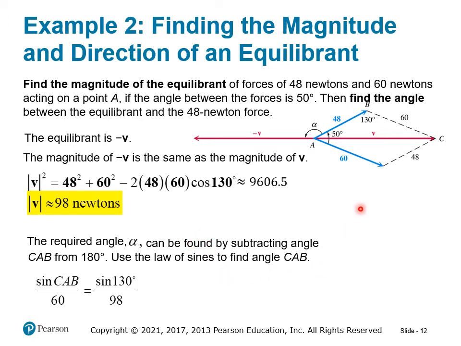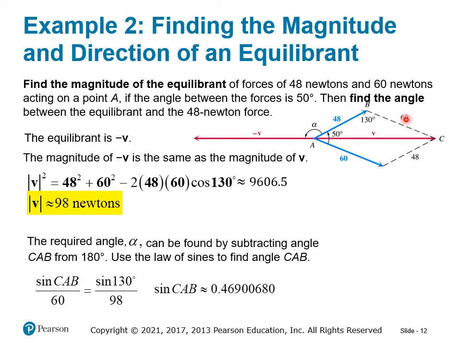The sine of CAB over its opposite, 60, is equal to the sine of 130 over the vector, which is, of course, 98. Remember, the sine of an angle divided by its opposite side length is equal to another angle in the triangle divided by its side length.